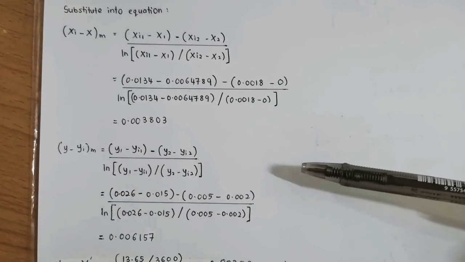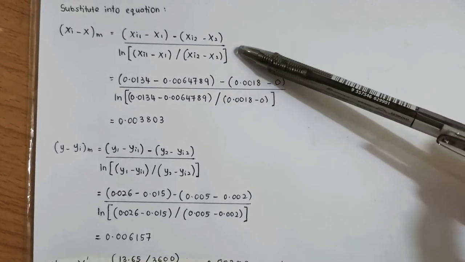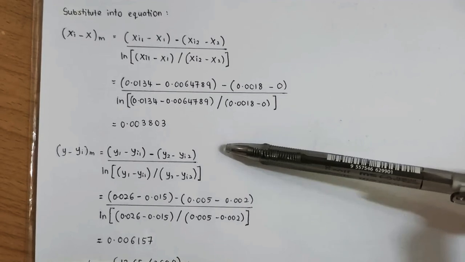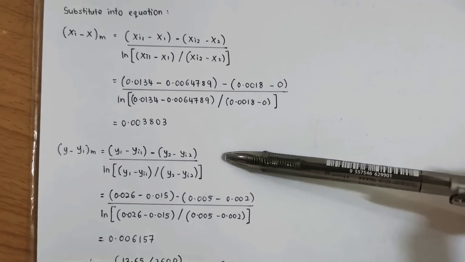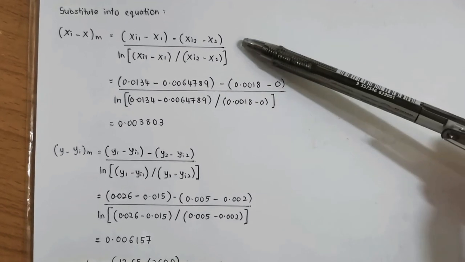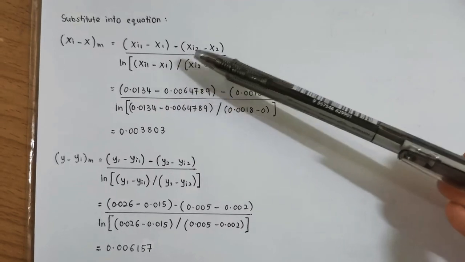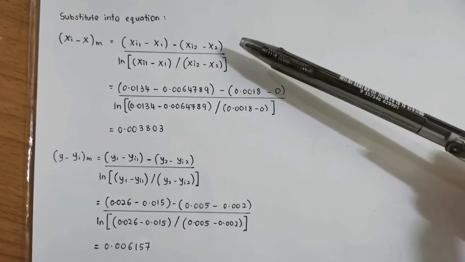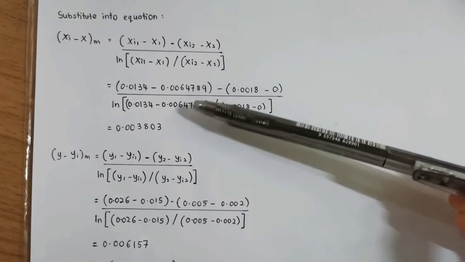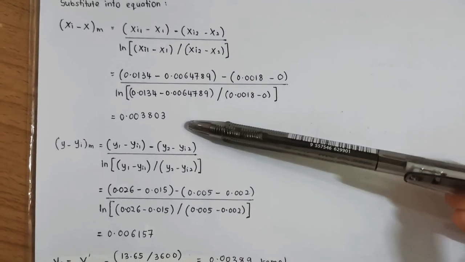Okay, so next we have to solve for xi minus xm and also y minus yim. These two are used to calculate the equations for A and also for B. We just have to substitute the values of xi1, x1, xi2, x2 into this equation, and we will get the answer 0.003803.